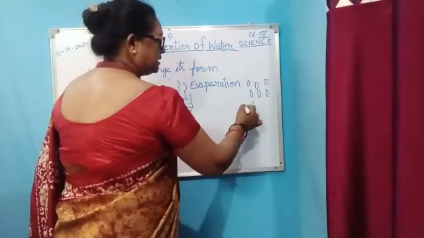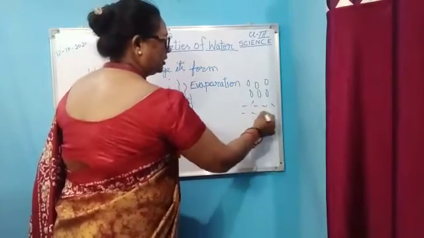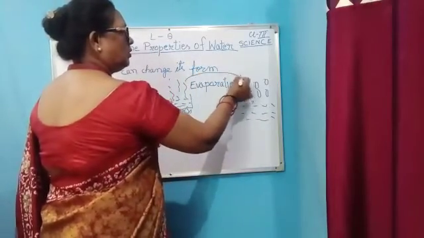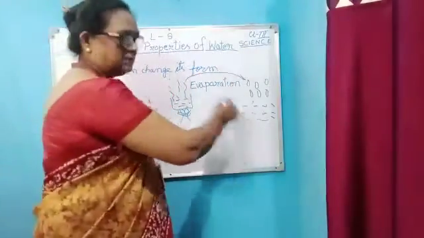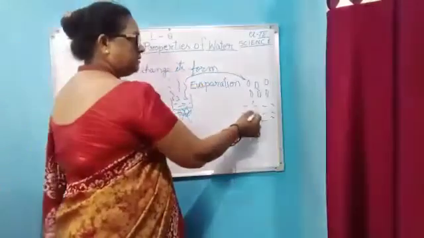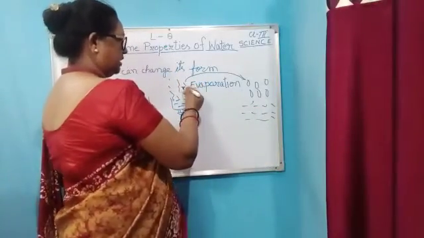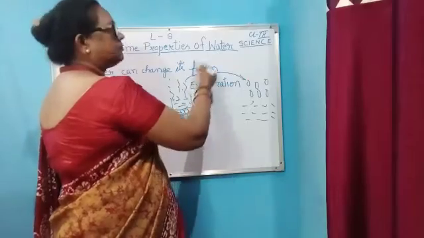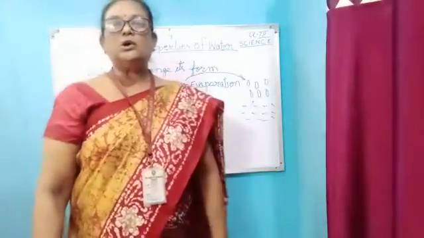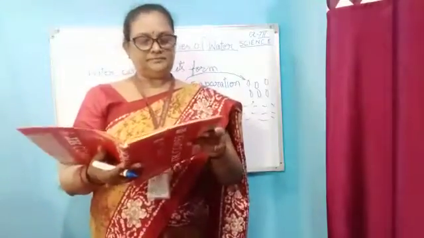So this steam changed back into water. This process is called condensation. When the gaseous form is changing back to water form, it is called condensation.